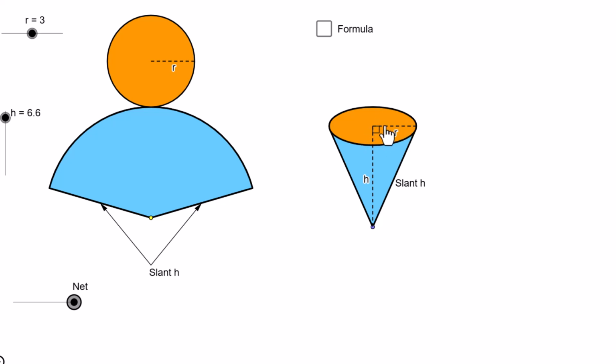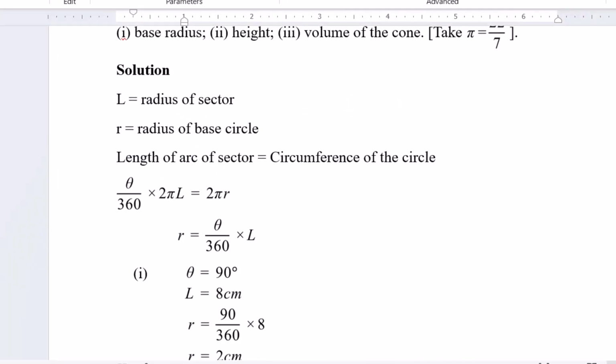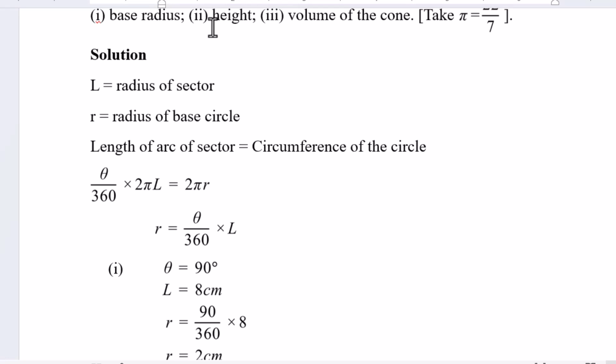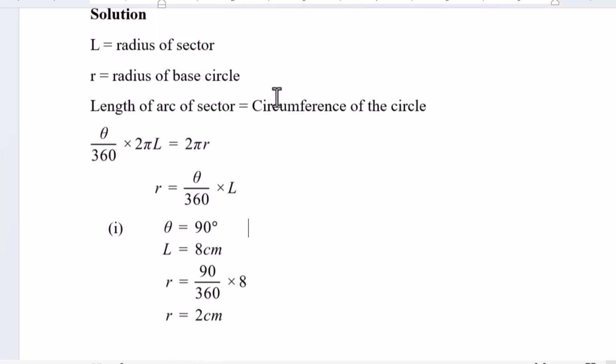This is the slant height, which is the same thing as the radius of the sector, and they form a right angle triangle. So all I need to do here is use our Pythagoras theorem, and the height will be calculated. So the second part of the question, which is Roman figure 2, is the height.